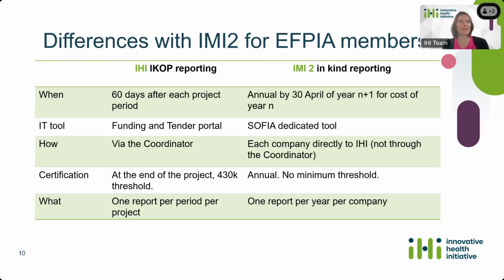And then one last difference: for IMI2 in-kind reporting, there is one report per year and per company, while for IHI IKOP reporting, there is one report per period per project. So those are the main differences in the interest of FPR members.